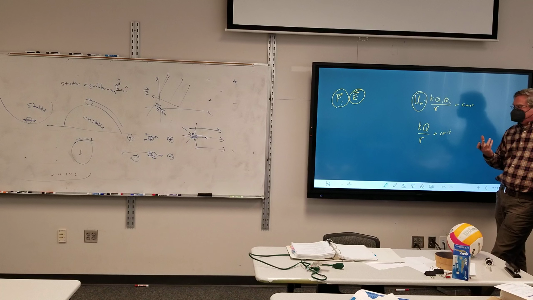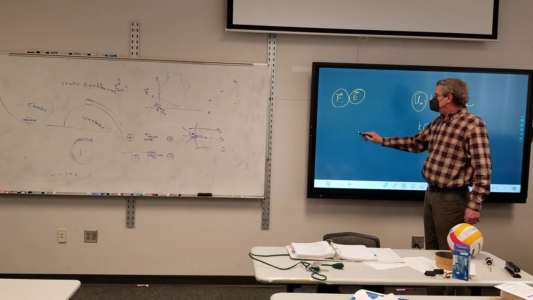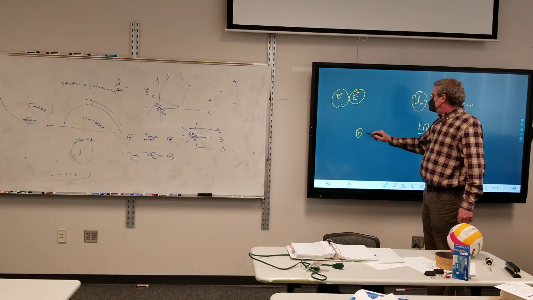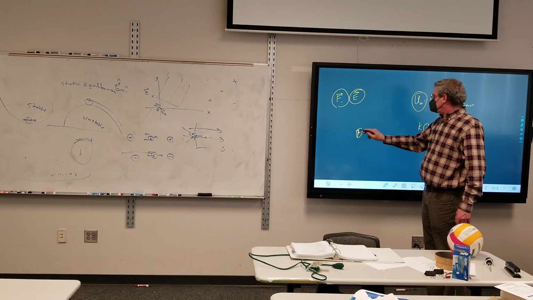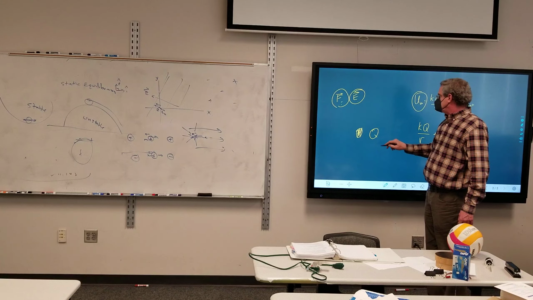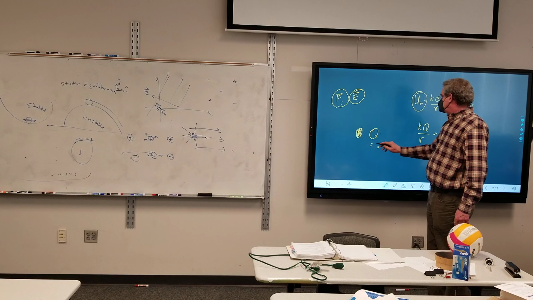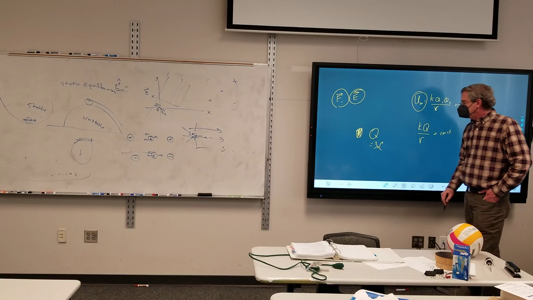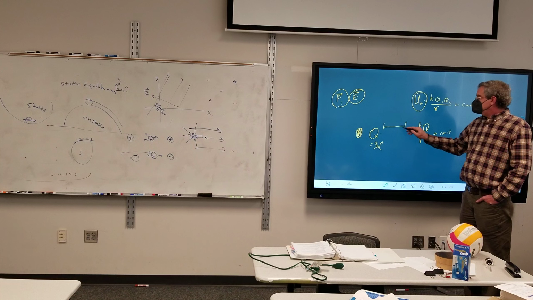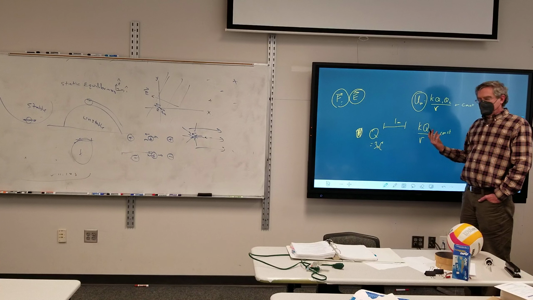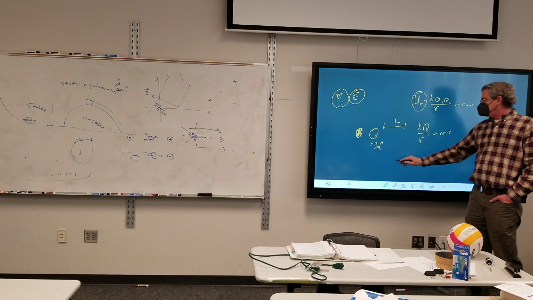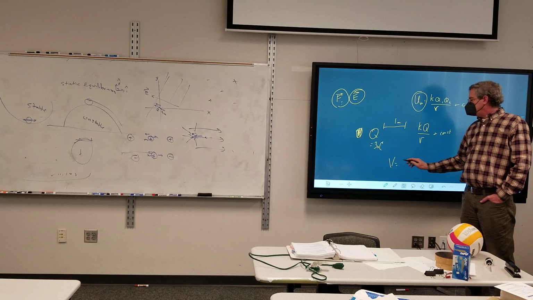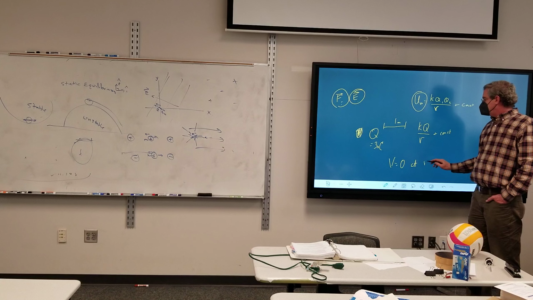Now, if I have a positive charge Q, and let's make the math work out nicer, of 3 nanocoulombs, and I'm 1 meter away, I can figure out the electric potential, but I do need to state that V equals 0 at r equal to infinity.